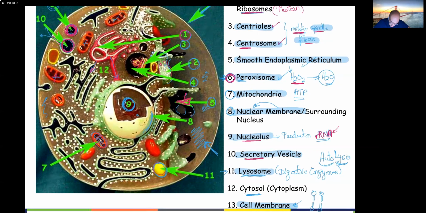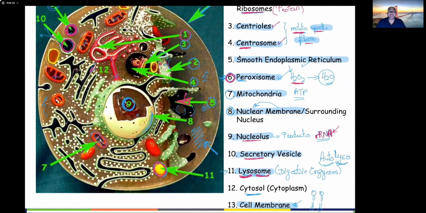Another type of vesicles that we can see inside the cytoplasm of the cell is marked as number 11. It's the lysosomes. Lysosomes are going to be responsible to break down things. Remember, lysis means break down, and soma means body. So this is the body that would be breaking down.